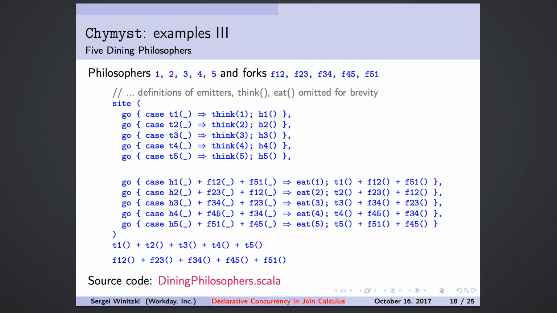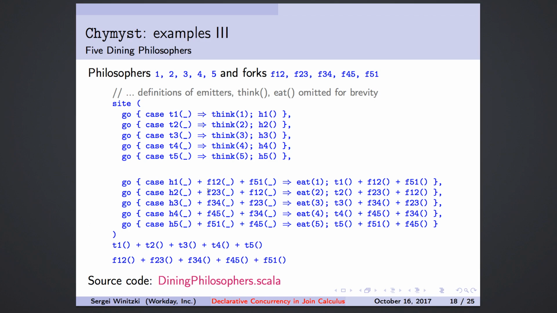For example, here there is a contention. F12 can be consumed by the first reaction or by the second reaction. So there is a contention of two reactions to consume one and the same molecule. And we force this contention, we only emit one copy of that molecule. If we emitted several copies of it, it wouldn't be a problem. But we only emit one copy of F12.